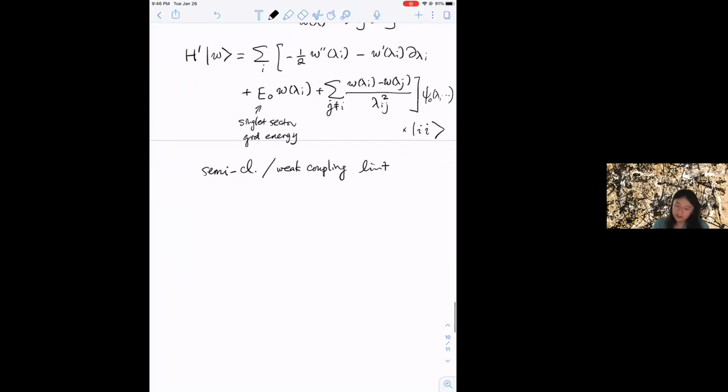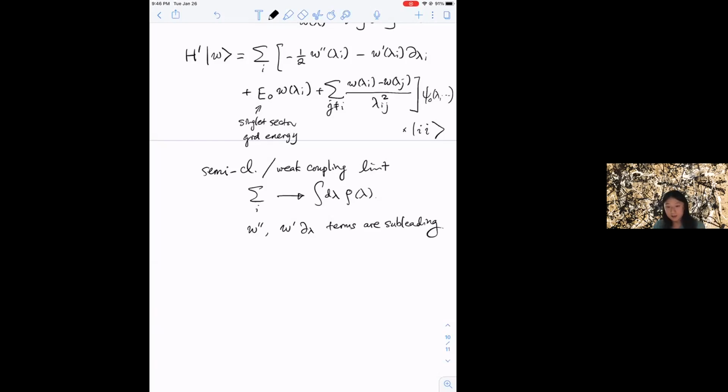So in this limit, we would like to rewrite the sum over eigenvalues into an integration over eigenvalue with eigenvalue density. If you stare at this expression long enough, you'll recognize that the first terms involving W double prime and W prime partial lambda are subleading in the semi-classical limit.